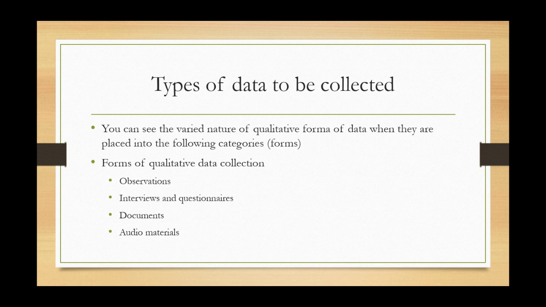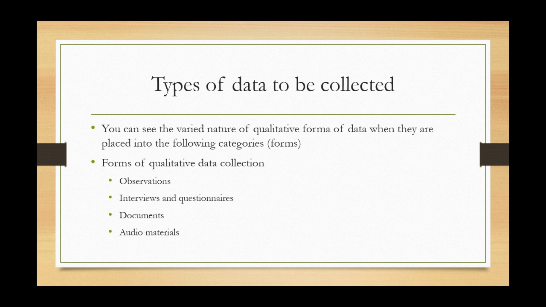Speaking of observations, observation is the process of gathering open-ended, first-hand information by observing people and places at a research site. As a form of data collection, observation has both advantages and disadvantages.